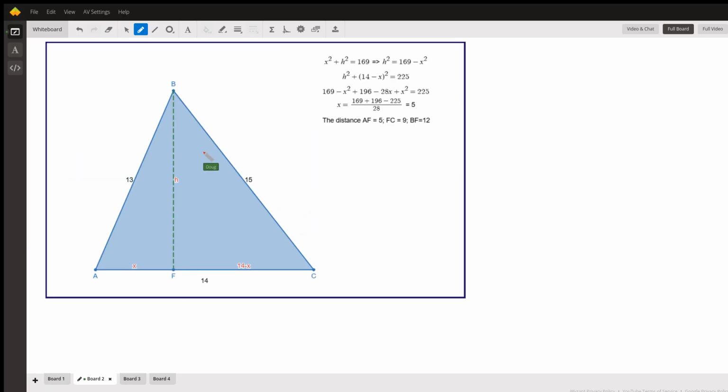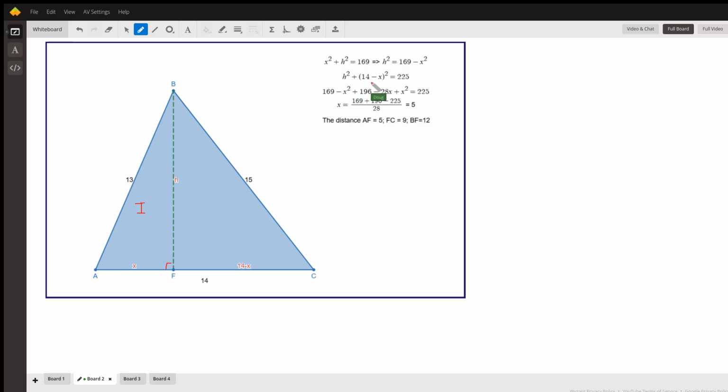So over here, if we drop the altitude, dividing AC into x and 14 minus x, I've got two right triangles. I can use the Pythagorean theorem on each of them. So x squared plus h squared equals 169 for this triangle on the left.